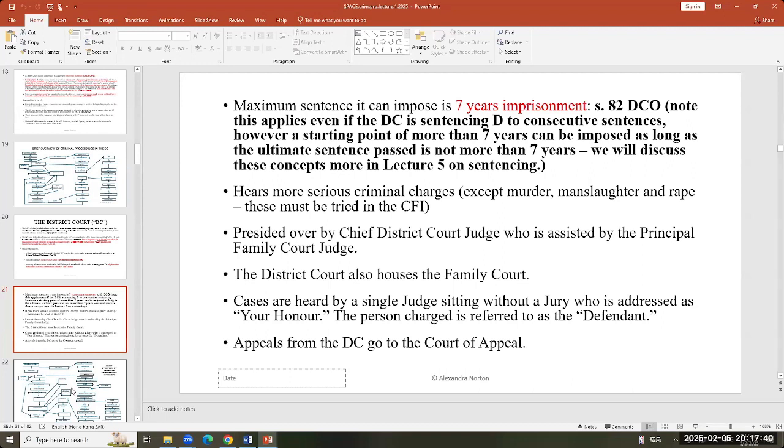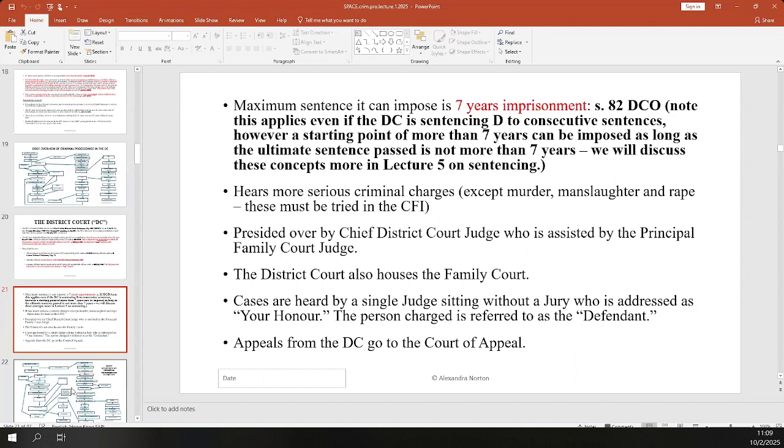In the district court, a judge can actually adopt a starting point that's higher than 7 years, as long as by the time he's taken into account the mitigating factors, the ultimate sentence that he imposes is 7 years or less. Okay, we'll look at the case that provides that as an authority.